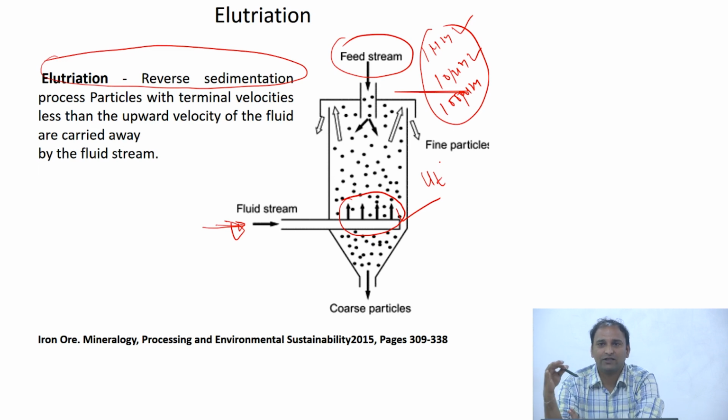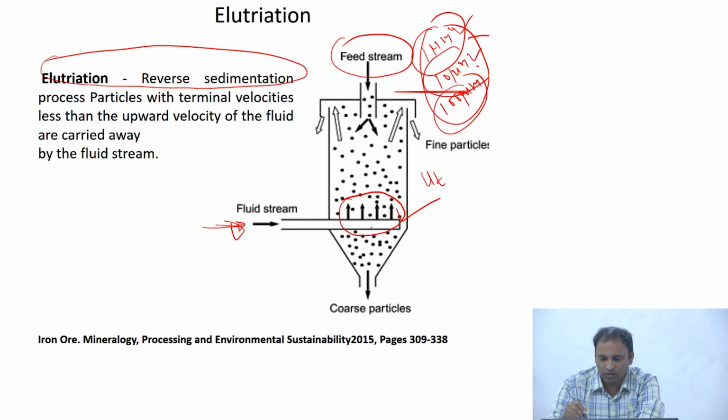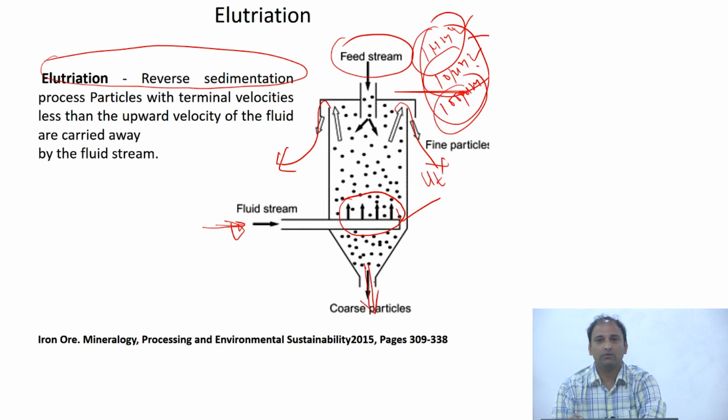If I want to separate out 100 micrometer particles from this mixture, I maintain a fluid stream velocity that is larger than the settling velocity of the 1 micrometer and the 10 micrometer particles, such that when the fluid stream goes up, the smaller particles come out. The 1 and 10 micrometer particles come out of the container, and the larger ones sediment out.